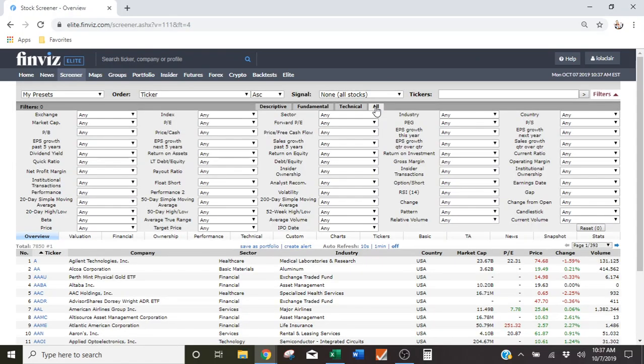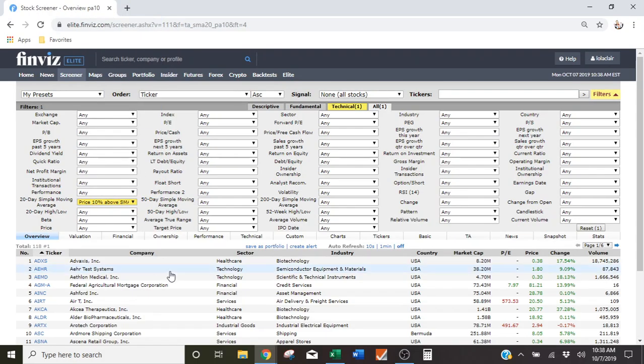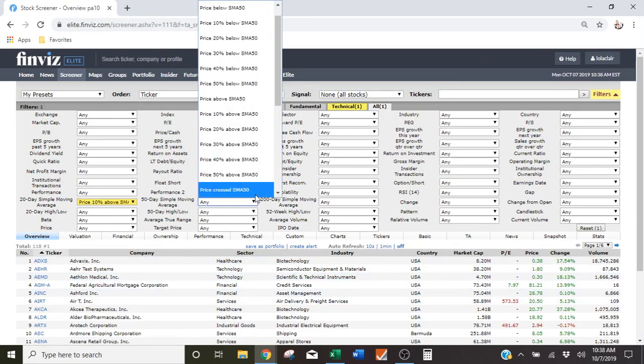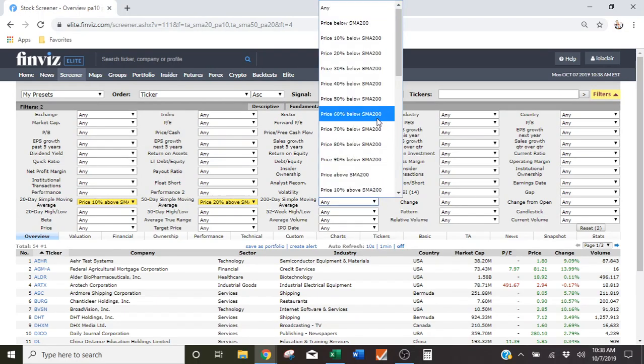If you want to go in here and you just want to click on net profit margin, or you know, the 20 days simple moving average, if you wanted price 10% above the 20, you know, it drops that down. If you want, let's do another 20% here, and on the 200, let's do another 20% here.